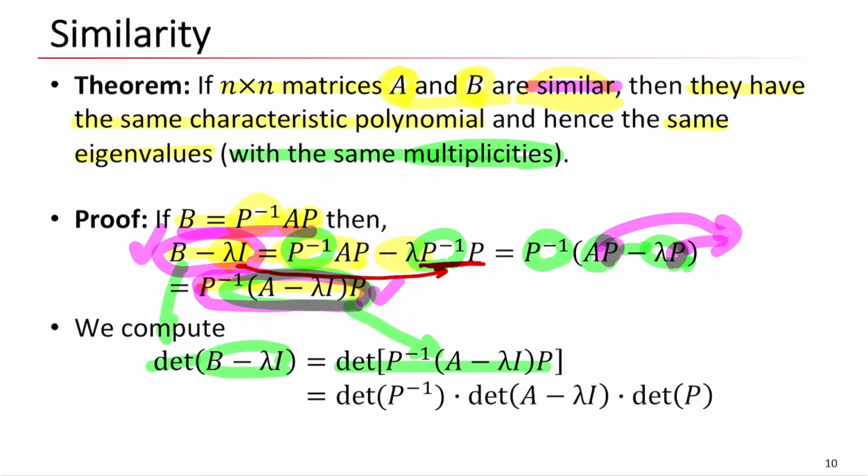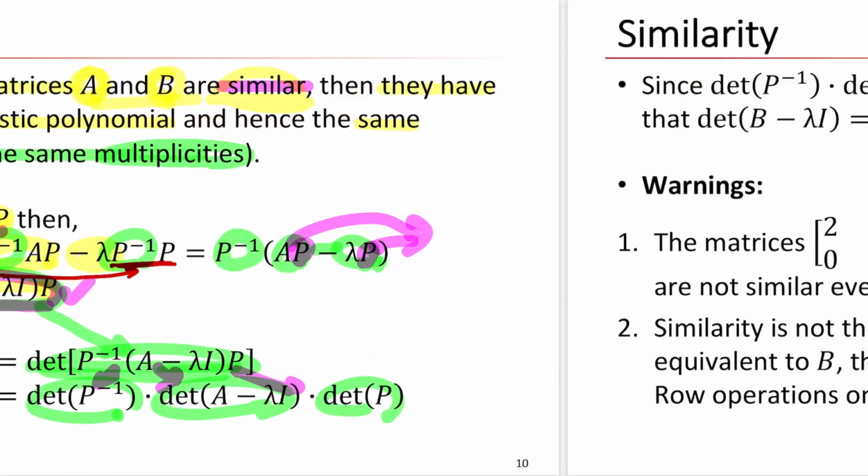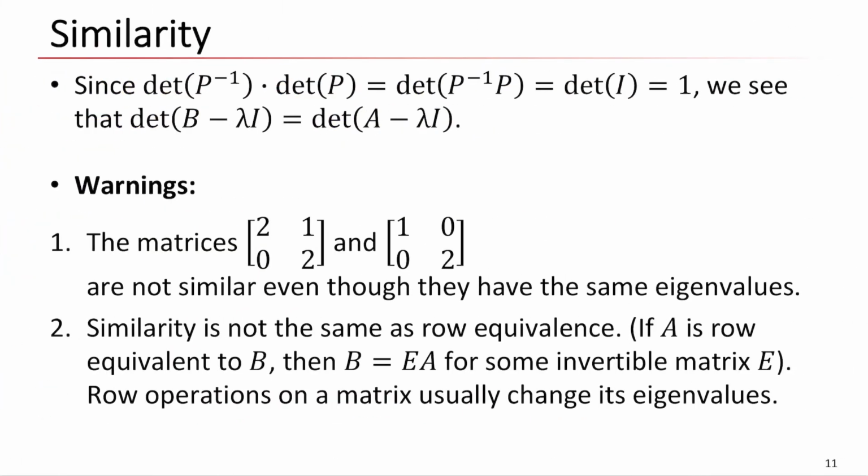Then from the properties of the determinant, we can decompose this multiplication into the determinant of P inverse, the determinant of A minus lambda I, and the determinant of P, right? Then we already know the determinant of P inverse times the determinant of P is equal to 1. Why?